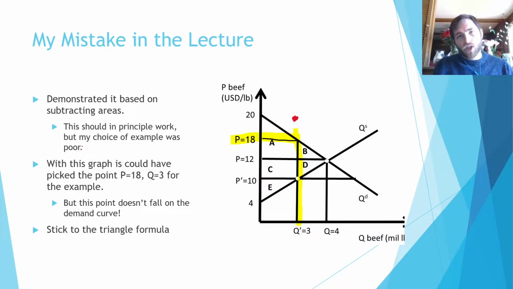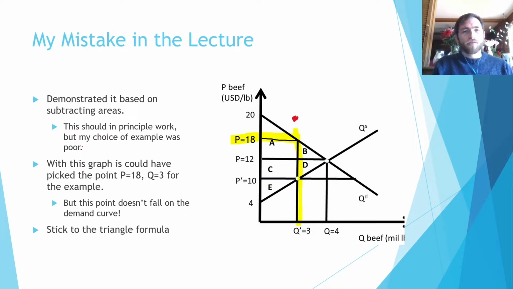And this ought to work geometrically, and my idea with that example was to demonstrate that the two approaches are equivalent to one another. The issue is that the particular example I picked resulted in one of the points that I give you, like for instance here, say instead of picking p equals 14 on the last slide, I picked p equals 18.